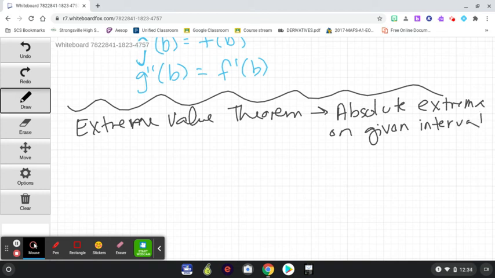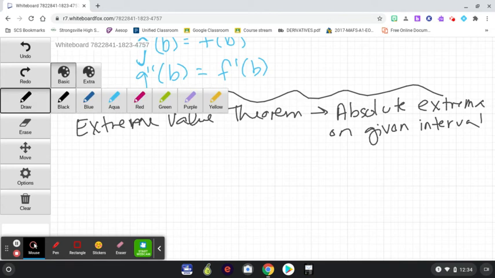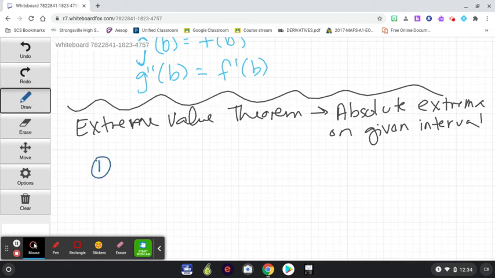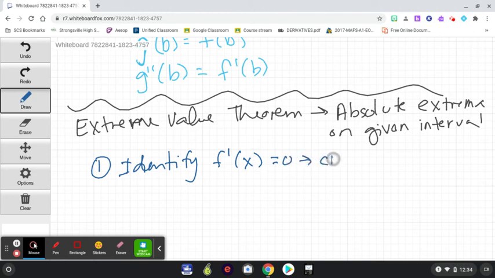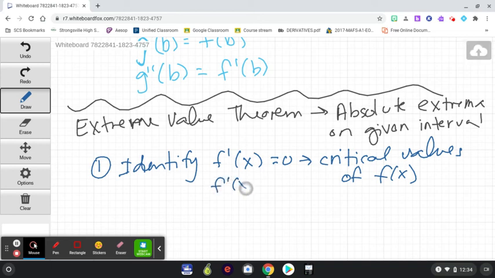And so remember that if you're going to have to apply the extreme value theorem, the first thing that you want to do is you want to identify the derivative being set equal to 0. And that's because you're looking for the critical values of f. Okay. And after you identify the critical values of f, by the way, that also might be where the derivative does not exist. But usually it's just where the derivative is equal to 0.